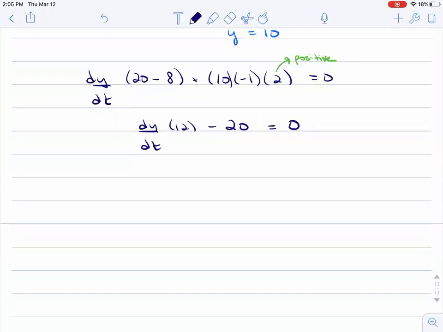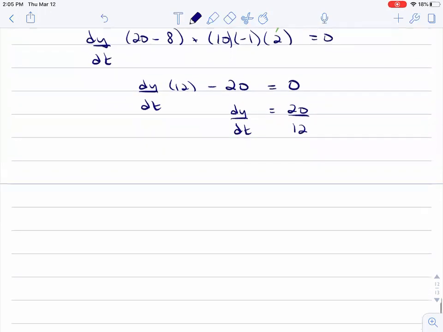So dy dt is 20 divided by 12, positive, which is roughly 1.666 repeating feet per second. Nice.